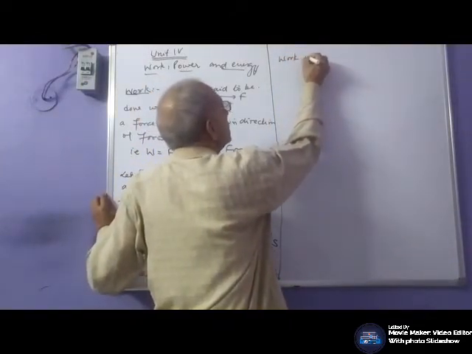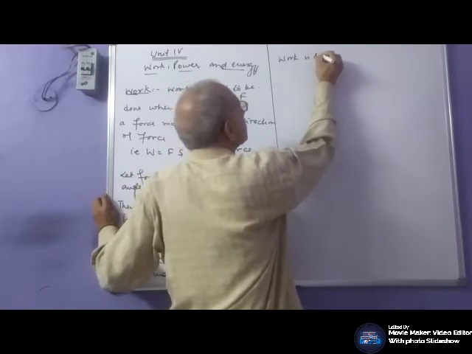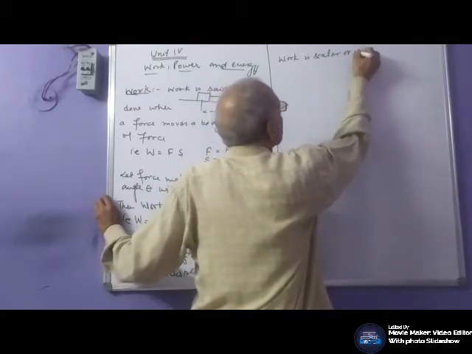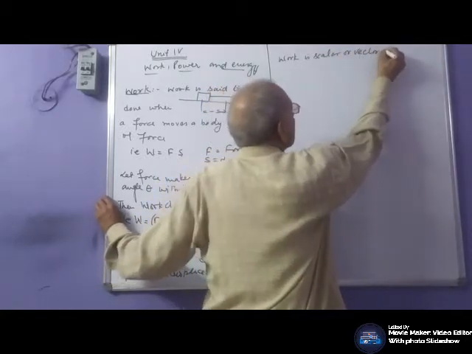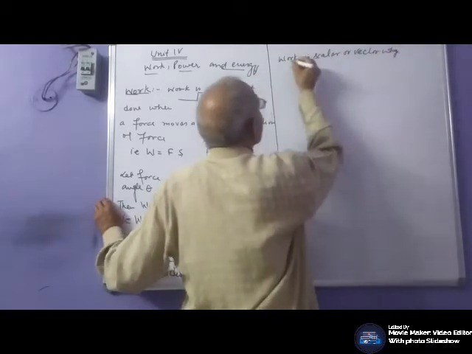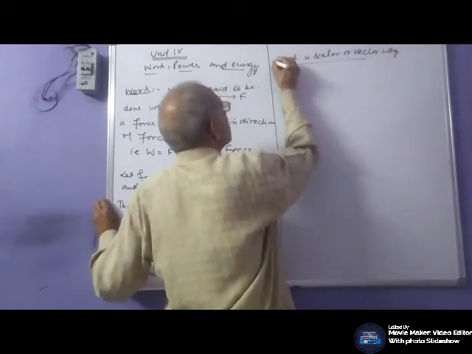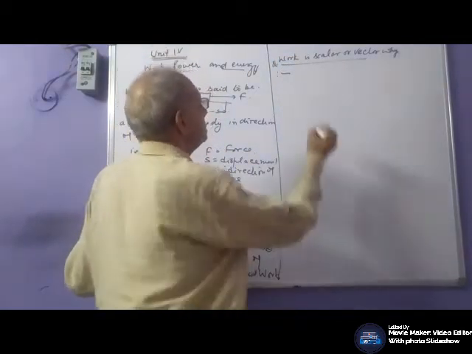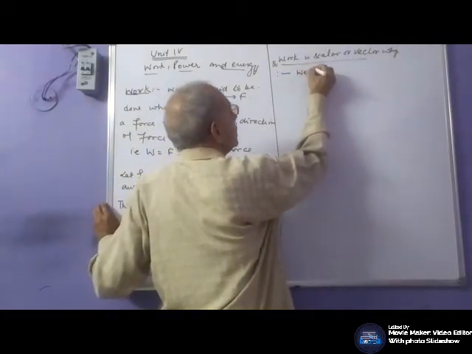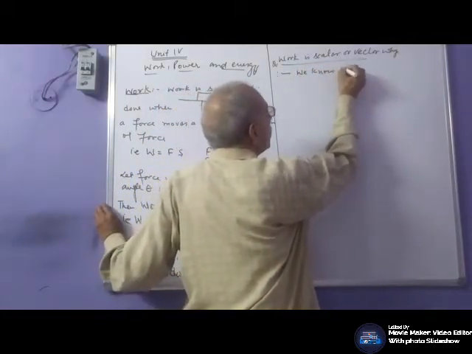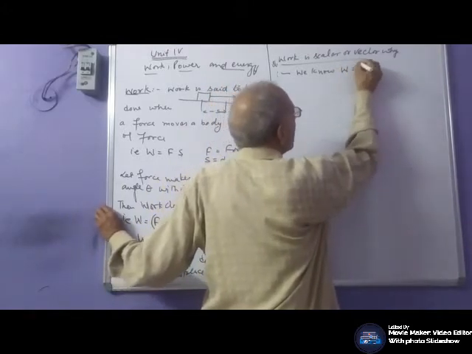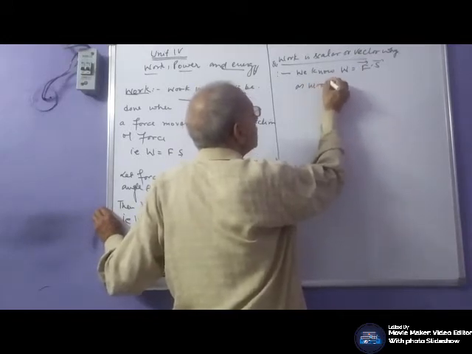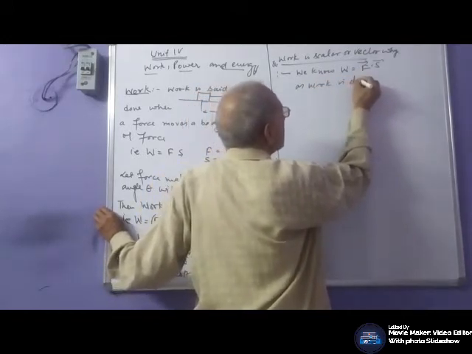Another question: work is scalar or vector, and why? This is the question. The answer is, we know work is F dot S, as work is a dot product.